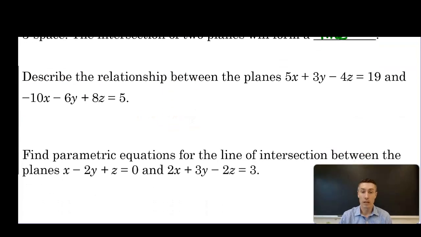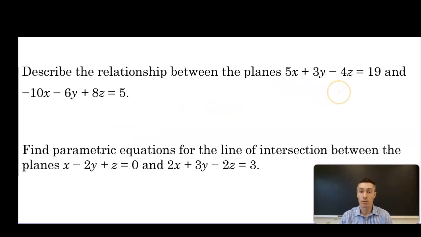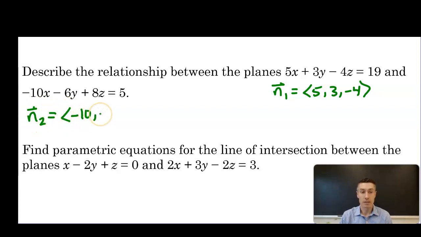So describe the relationship between the planes 5x plus 3y minus 4z equals 19 and negative 10x minus 6y plus 8z equals 5. All right, so the normal vector of the first plane is 5, 3, negative 4. The normal vector of the second plane is negative 10, negative 6, 8.